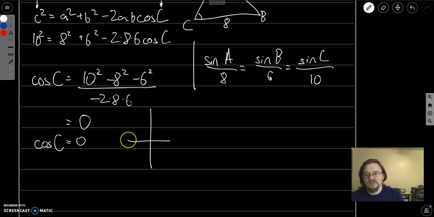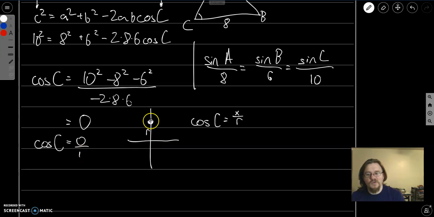If I draw a little picture here, the cosine of an angle is going to be x divided by r. So I can just think of cosine of c as 0 divided by 1. Well, if x is 0, that means we're no farther to the left or to the right, and we're perfectly up along here, exactly r up.